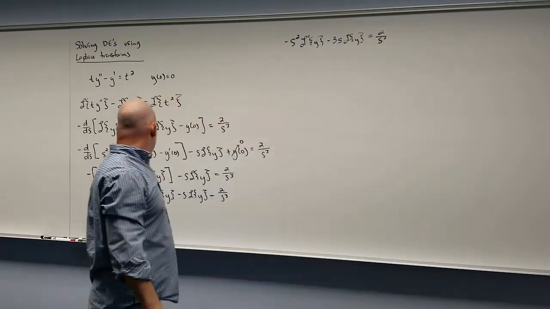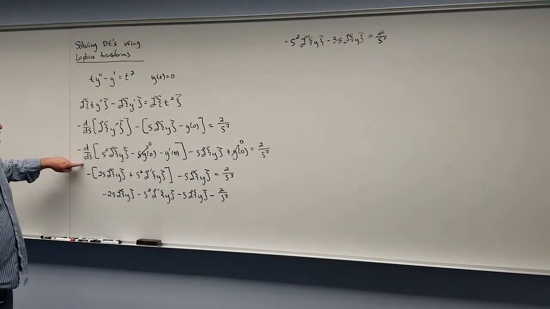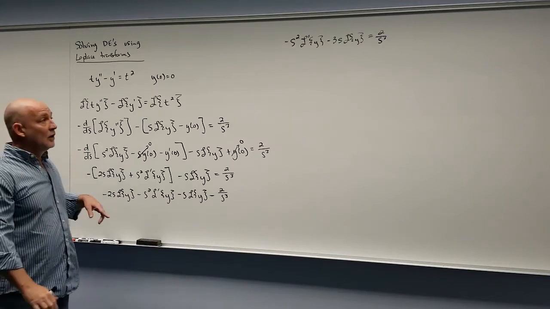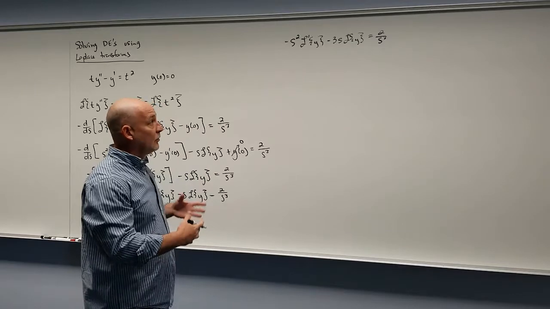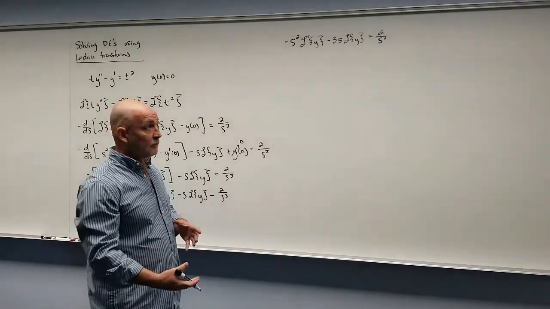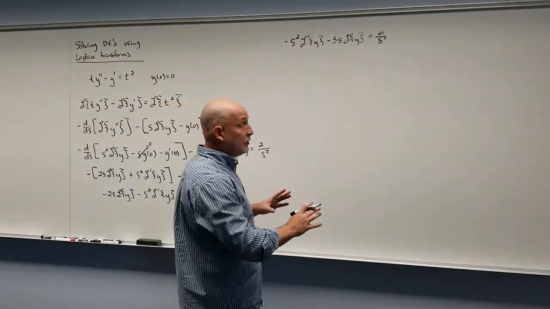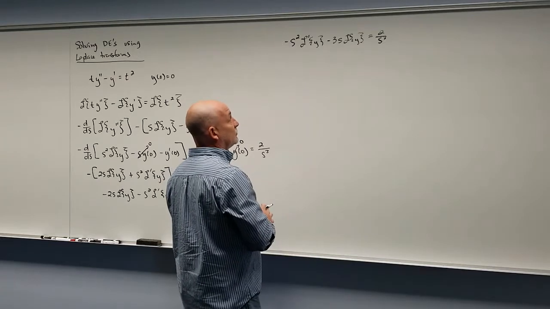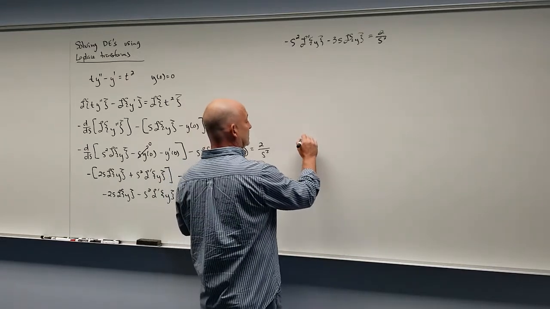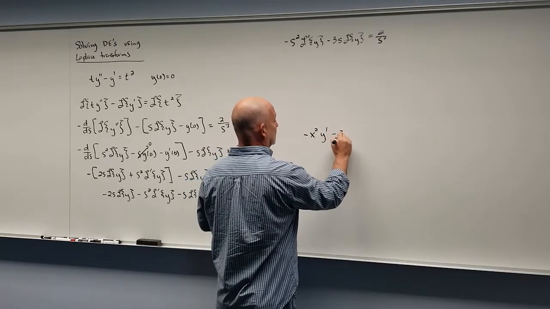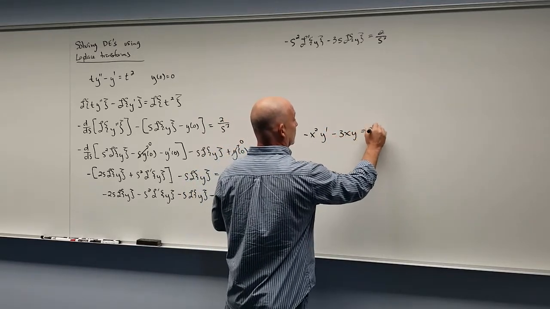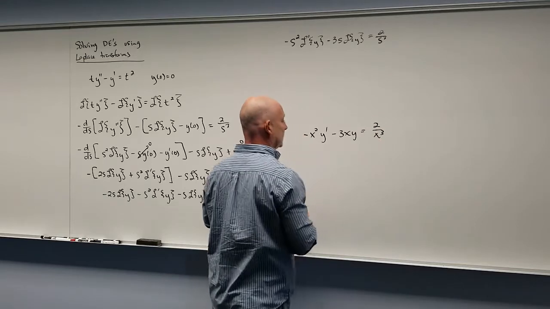Now remember that derivative, way back over here, is a derivative with respect to s. So you can think about this as s is our independent variable, and the Laplace transform of y is our dependent variable. Now I'm going to do this really quick, but notice if I change the variables here to our normal variables, I'd say negative x squared y prime minus 3xy is equal to 2 over x cubed.